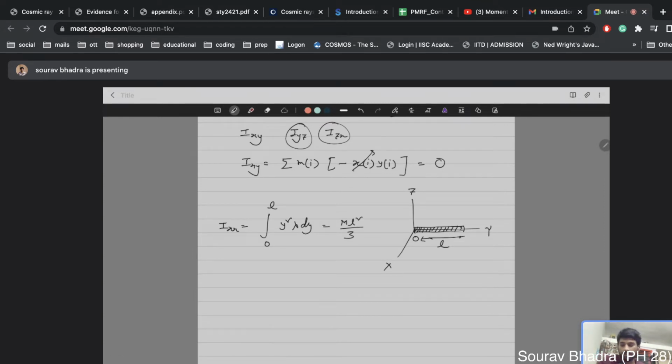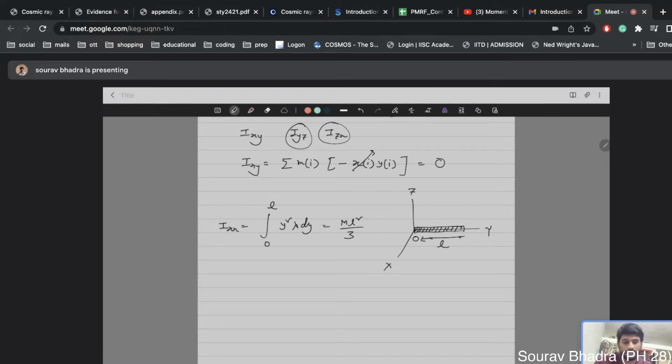So you can see that by choosing the coordinate system properly, you can get different values of the moment of inertia tensor. It depends on which is the origin of your frame.